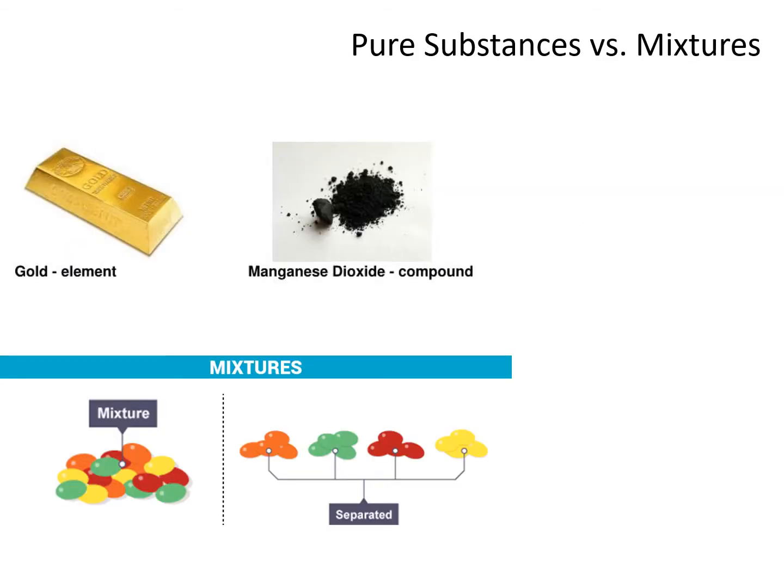So the next thing we're going to look at is the difference between what we call a pure substance versus mixtures. Pure substances are going to include elements and compounds, and they are things that cannot be physically divided or physically separated.